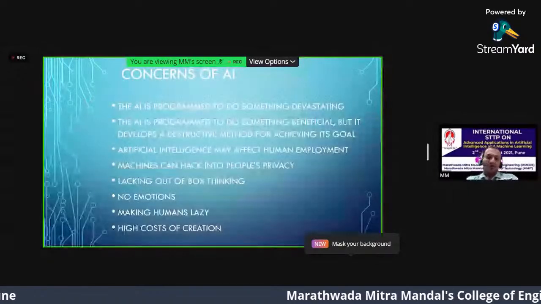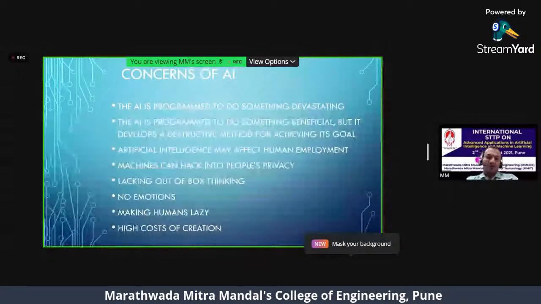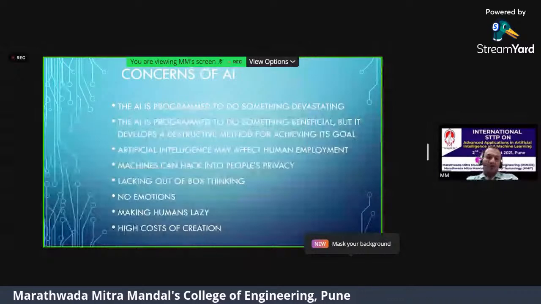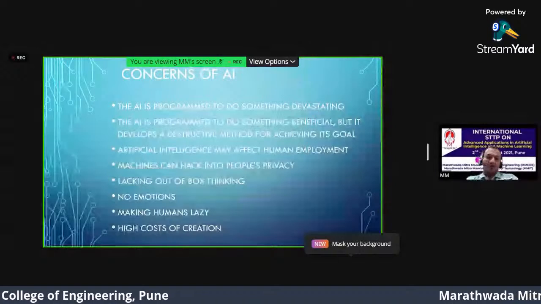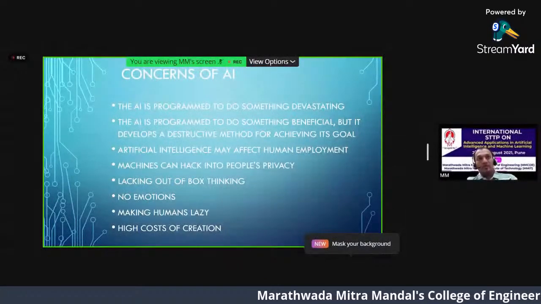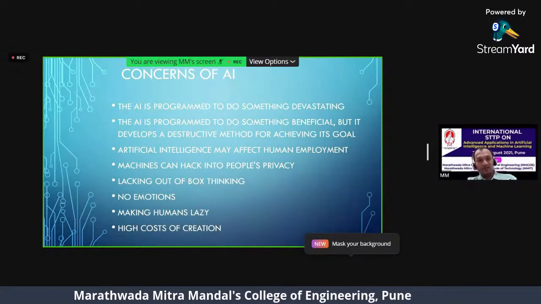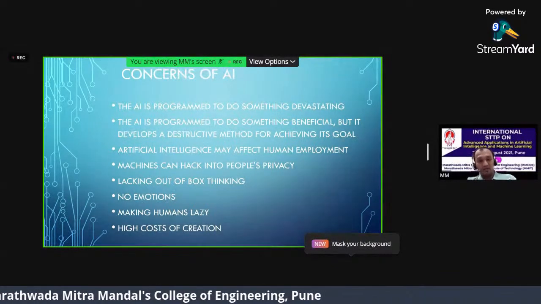Now every coin has another side, and AI also has another side. It is helping in so many places in achieving our tasks, but it also has certain concerns, like whether the program can be used to do something devastating. Now this is a real challenge and threat nowadays.